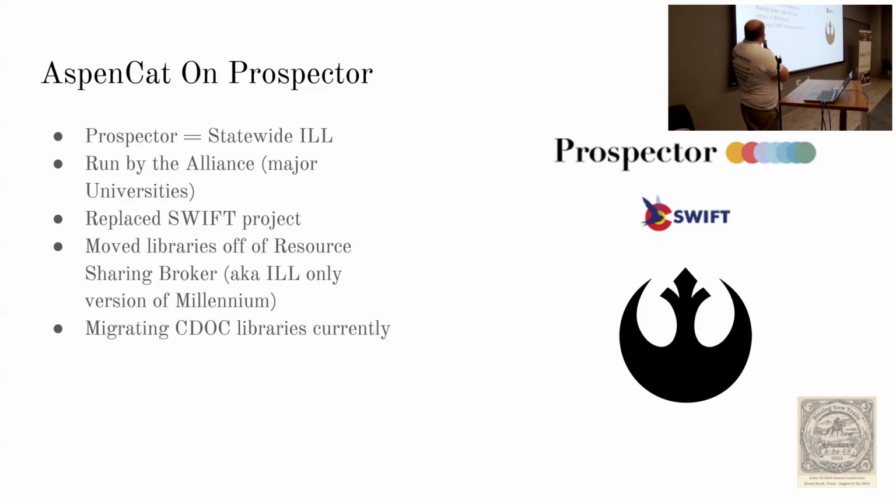And part of that is we had another ILL project called SWIFT that our Colorado State Library works with. And I said replace, but it's more like they melded together. SWIFT used to use VDX, which was an old OCLC thing that they were stopping support for.